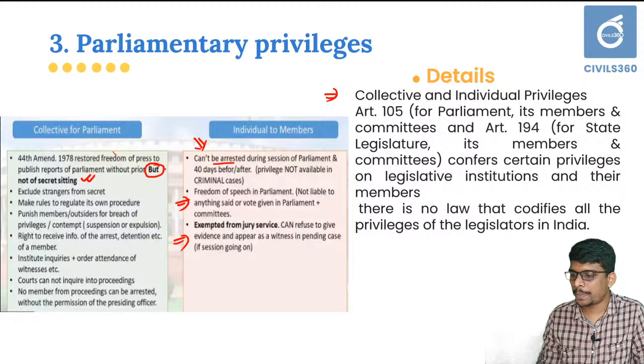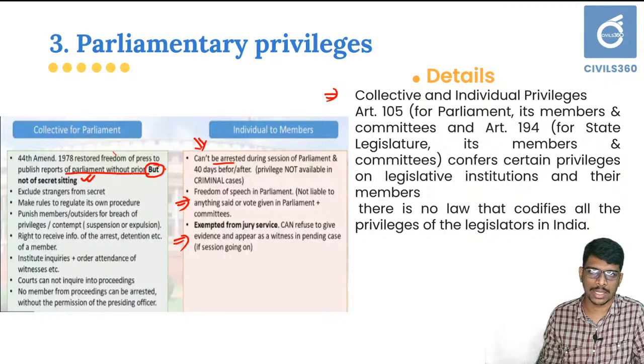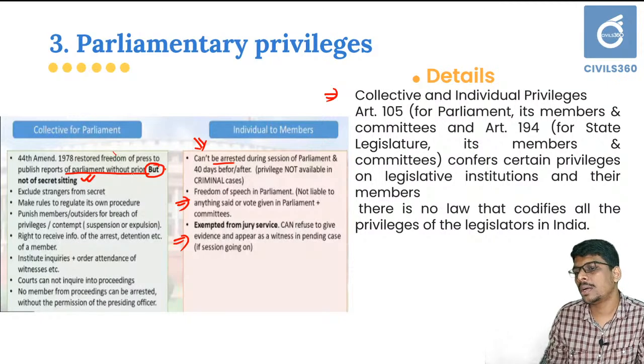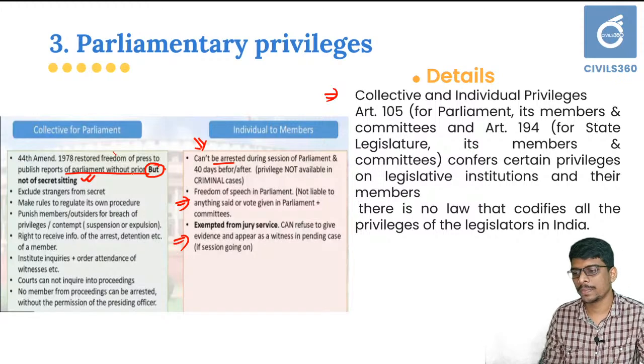Collectively, there is the 1978 provision that the press can publish reports of parliament without prior permission, but not of a secret sitting. For reporting any of the measures taken in a secret sitting, the media requires certain permission from the parliament.